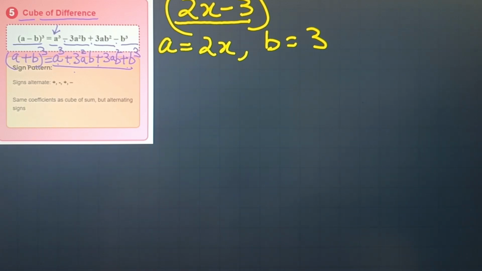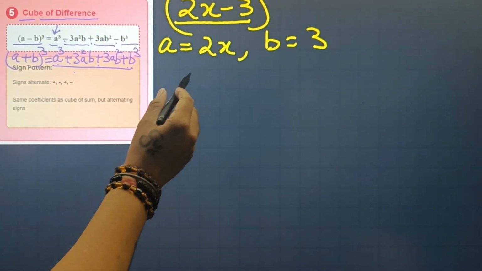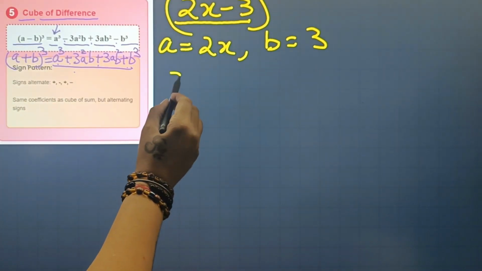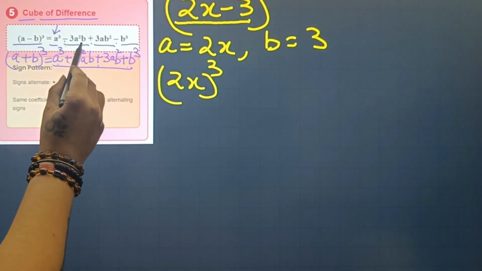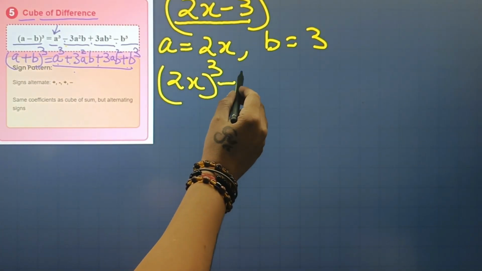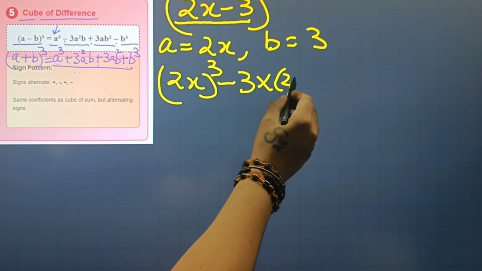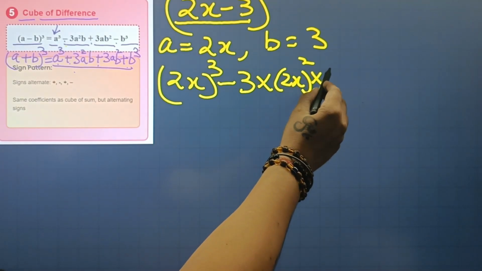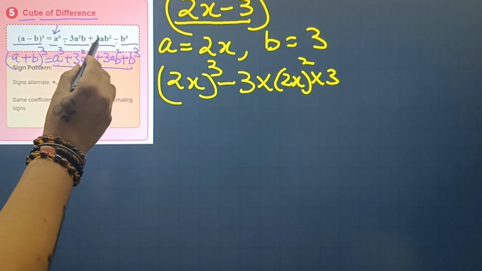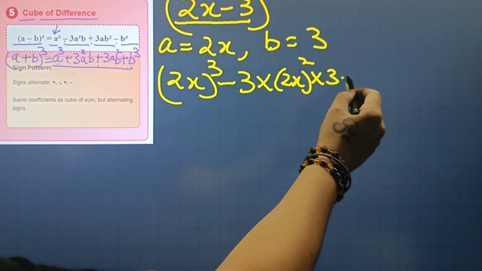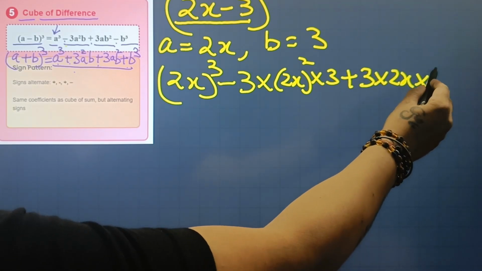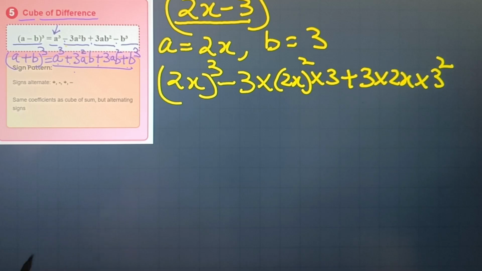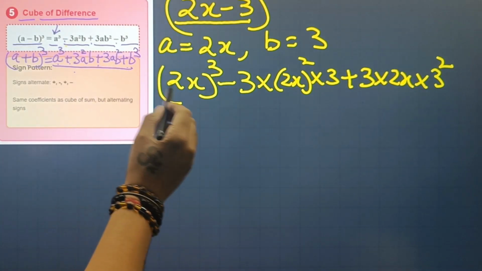Now by applying our identity, we are going to get a cube, which is 2x whole cube, then minus 3a square b, that is minus 3 into a square into b, then plus 3ab square, that is plus 3 into a into b square, and last one is minus b cube.